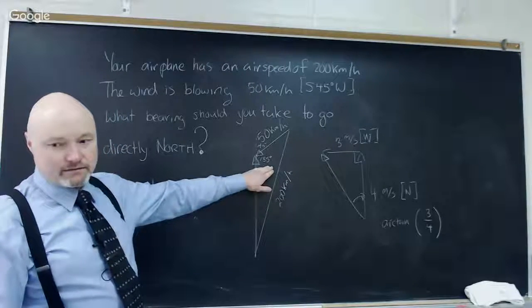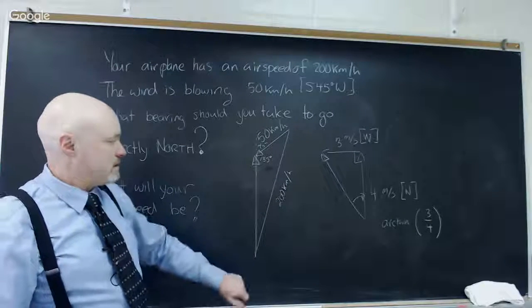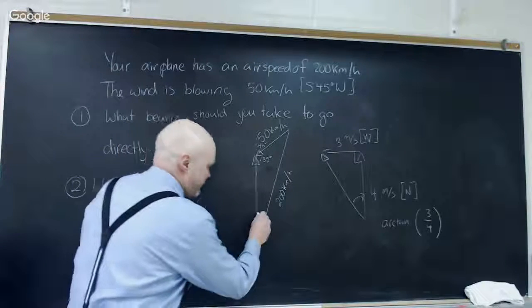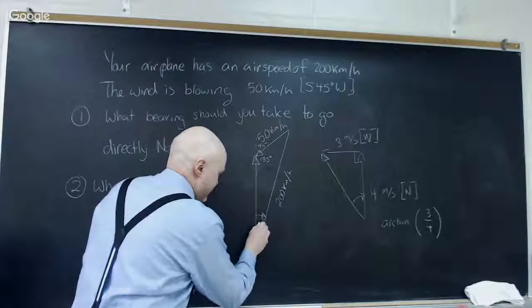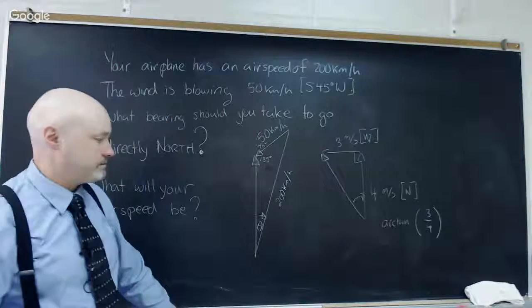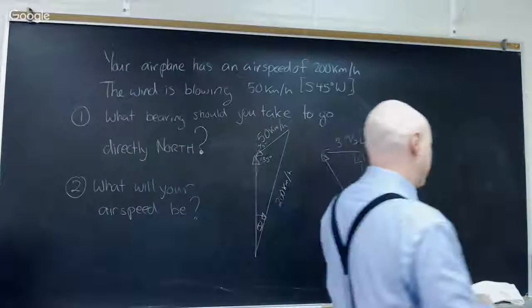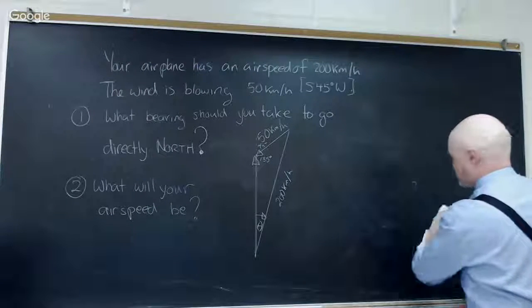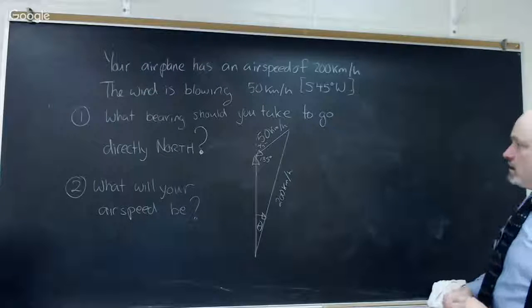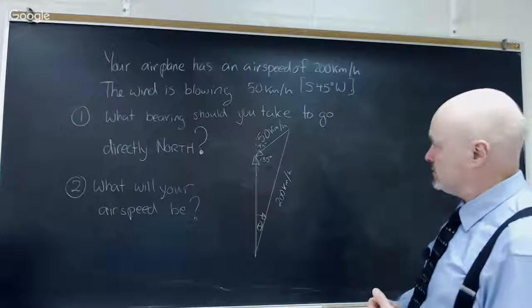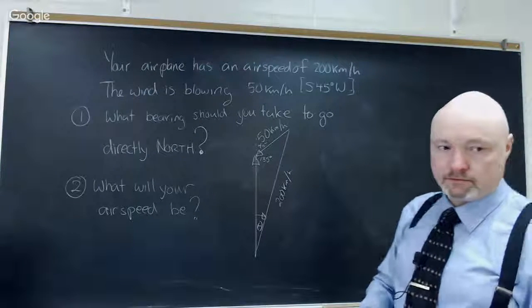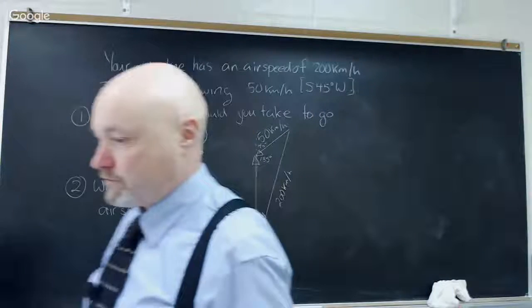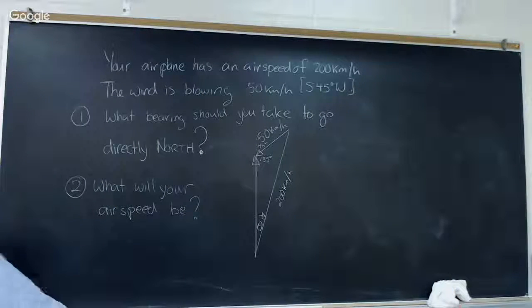What I want to know is this angle down here, this theta. It's not a right-angled triangle, so we aren't using SOHCAHTOA. We're down to cosine law or sine law. I really prefer sine law over cosine law. That's a personal preference of mine.